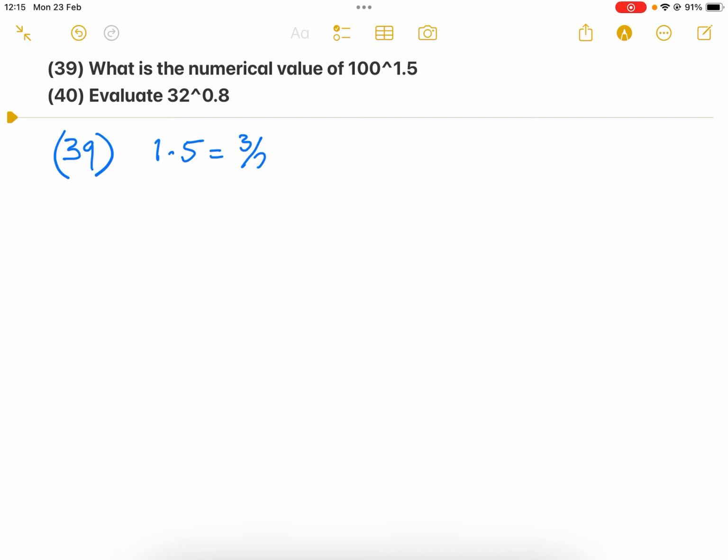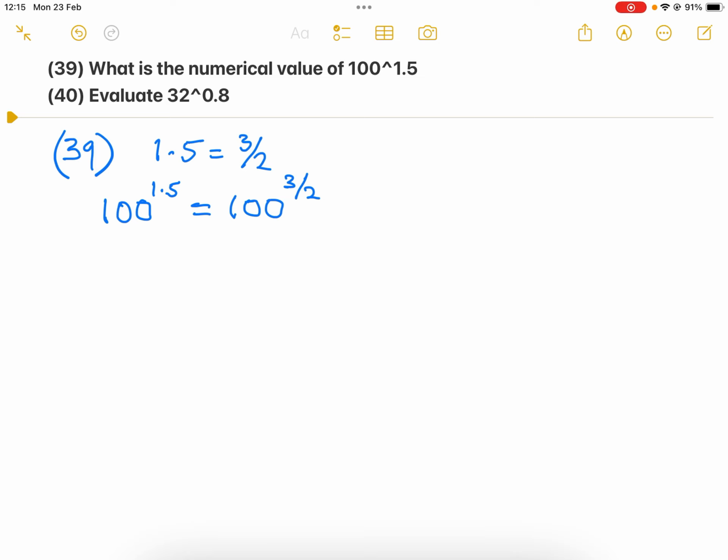So you have that 1.5 is 3 divided by 2. So the question becomes 100 raised to power 1.5 becomes 100 raised to power 3 over 2.